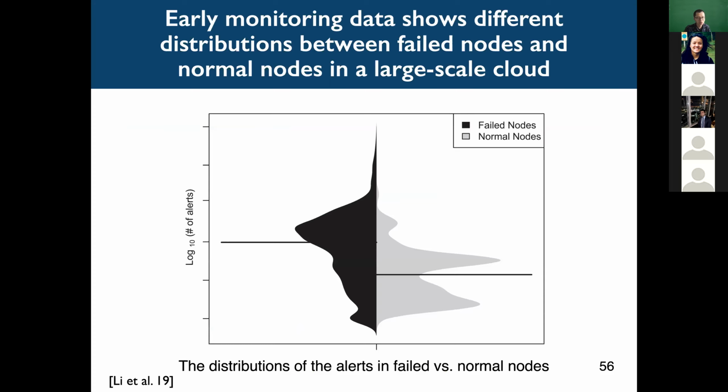For example, if you look at this figure, we can see that the distribution of the alerts, a type of monitoring data, is different in failed and normal nodes. So you can leverage such distribution to predict whether your node will fail in the future. Okay, how can we do it?